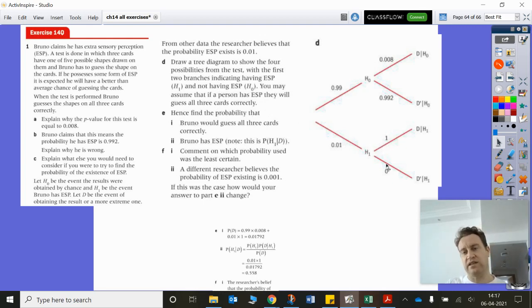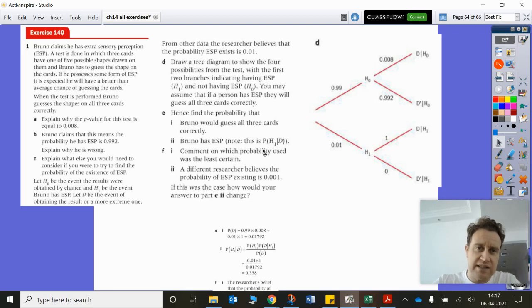And that's 0 there, that he guesses them incorrectly. That's not possible because he's got it. Now, again, that's a massive assumption. Potentially someone has ESP and in fact, they've got only some ability to get it right some of the time. Okay, but there you go. That's what they're asking us to do. Okay, we've done the tree diagram.